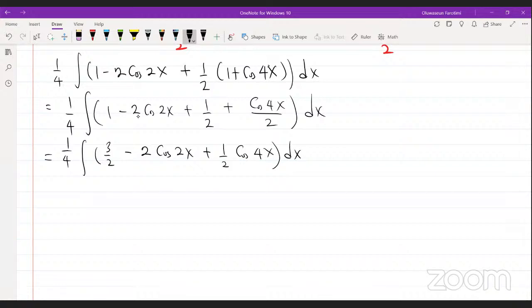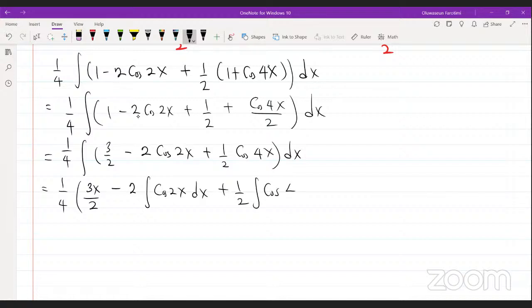So right now we are ready to do the integration. If you integrate this, you're going to have 1/4, open the parentheses. If you integrate 3 over 2 dx, it's going to be 3x over 2, minus the integral of 2 cosine of 2x, plus 1/2 integral of cosine of 4x dx.